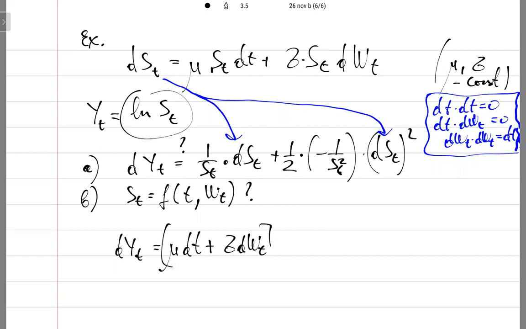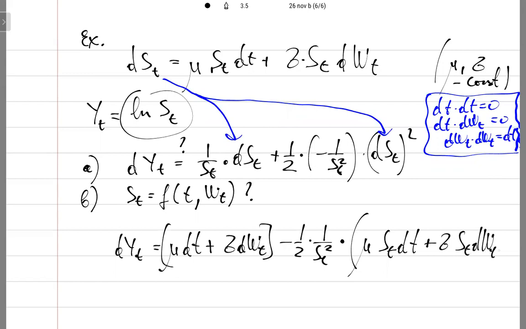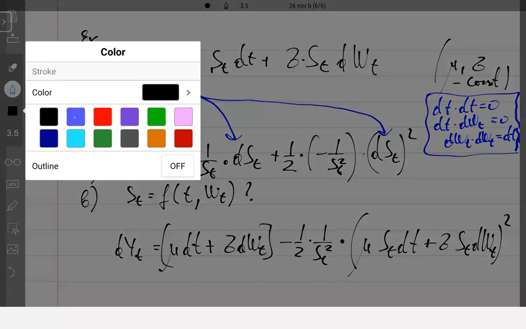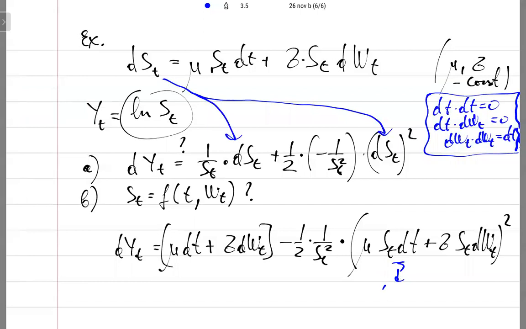So that's the first term, minus 1 over 2 times St squared times (mu St dt plus sigma St dwt) squared. I just plug in everything I need. When I calculate the squared value, this one will be squared, but dt squared is 0.